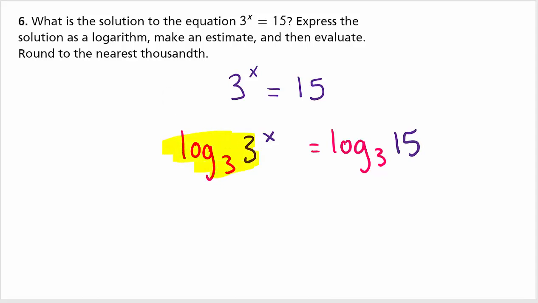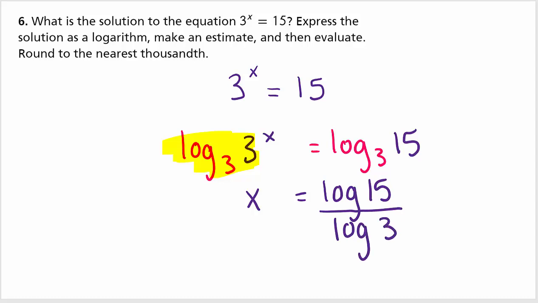Because these numbers are the same, they simplify. So we end up with just x on the left-hand side. And then I'm going to use that change of base formula on the right-hand side. So I get log of 15 divided by log of 3, which is 2.465.